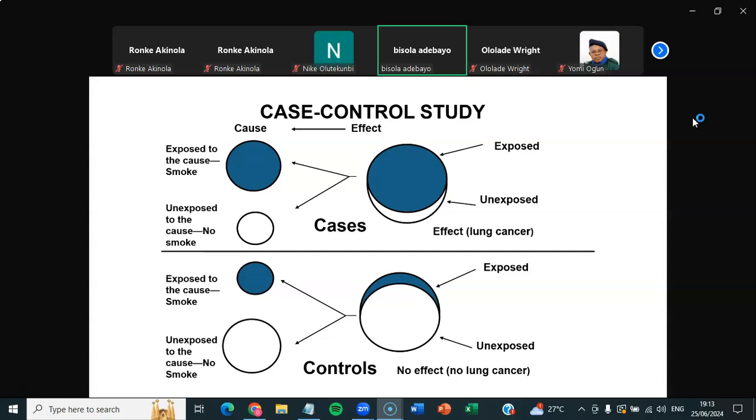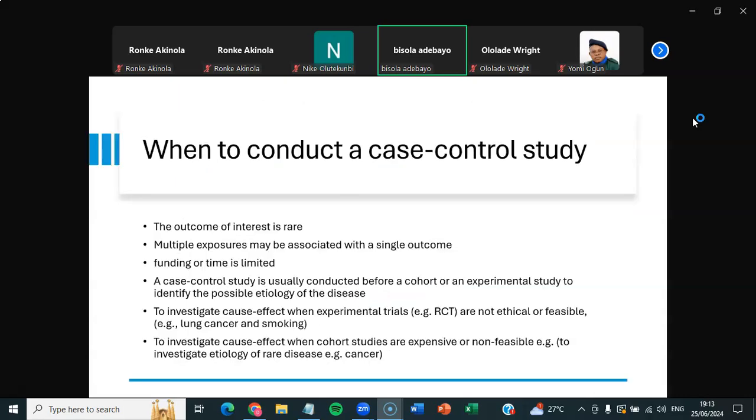And then we now break the cases down and look at the exposure, those that are exposed to smoking or those that are not exposed to smoking. And we do exactly the same thing for the controls. We have controls, and the only difference between cases and controls is that the controls do not have the outcome or the effect. They don't have lung cancer. But some of them smoke, some do not. So we also now break them down into those that smoke and those that do not smoke.